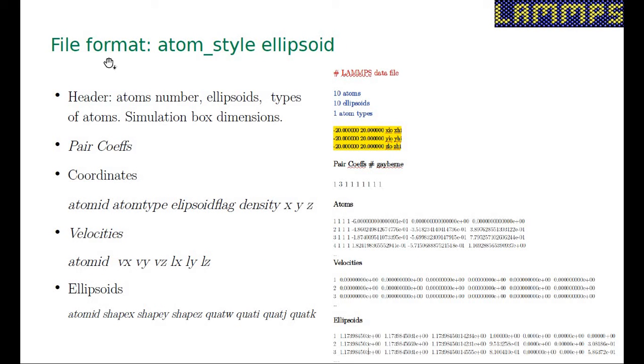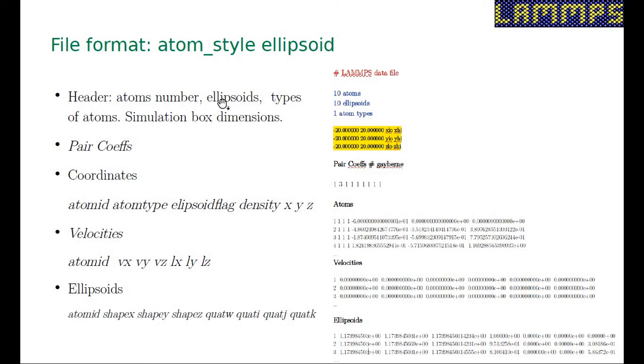So the file format for the atom style ellipsoid is as follows. First, we need a header where we specify the number of atoms, the number of ellipsoids, and finally the types of atoms.